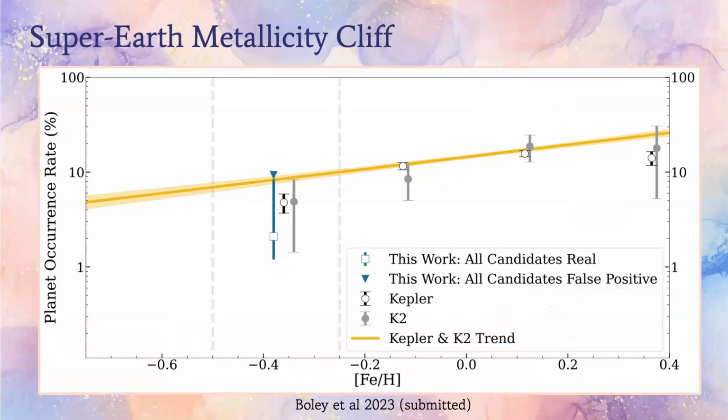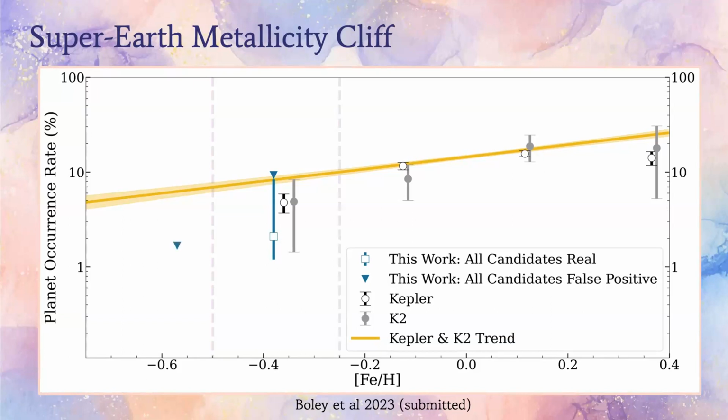And since we have planet candidates and they're not confirmed, I have an upper limit, which is the triangle, assuming all planet candidates are false, and we have an actual occurrence rate assuming all the planet candidates are real. And so you'll see that whether all of them are false or all of them are real, they agree pretty nicely with the K2 and Kepler results. So we're not seeing any sort of systematics here.